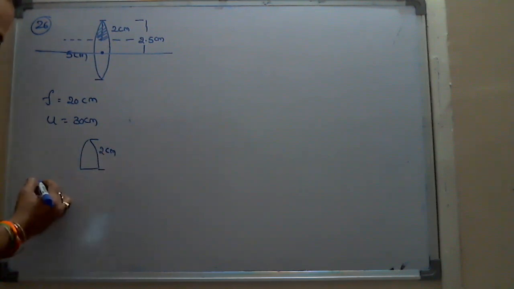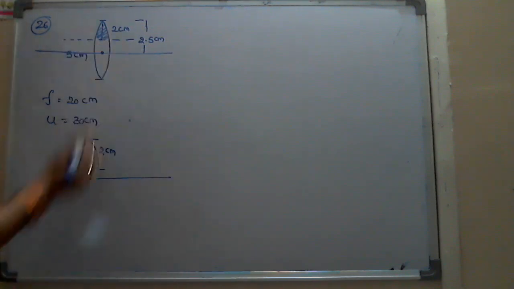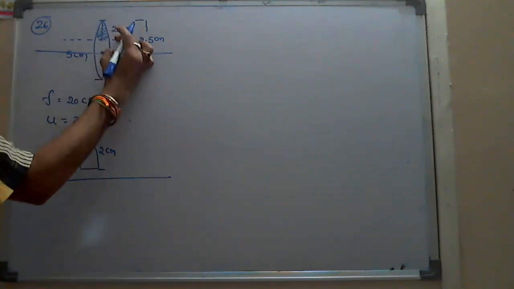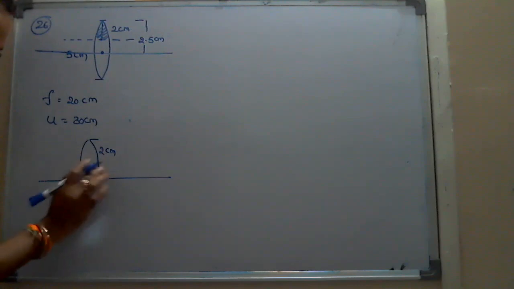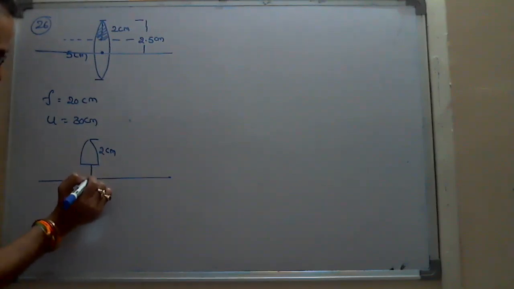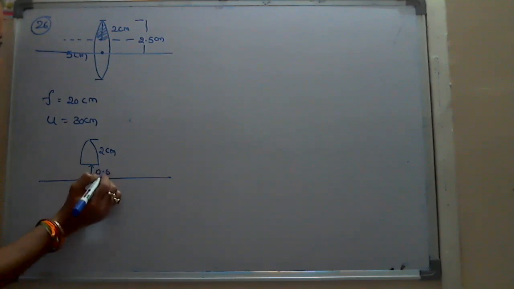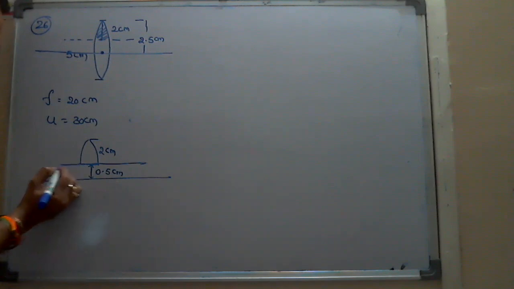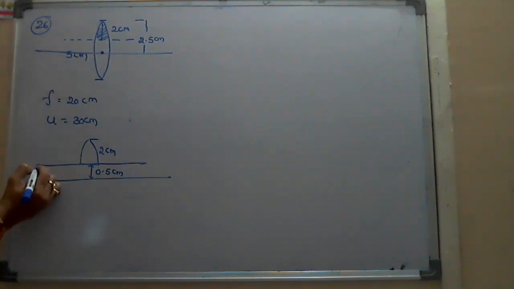The original principal axis of the lens is at a distance of total 2.5, means this part will be 0.5 centimeters. And here you place the object at a distance of 30 centimeters.